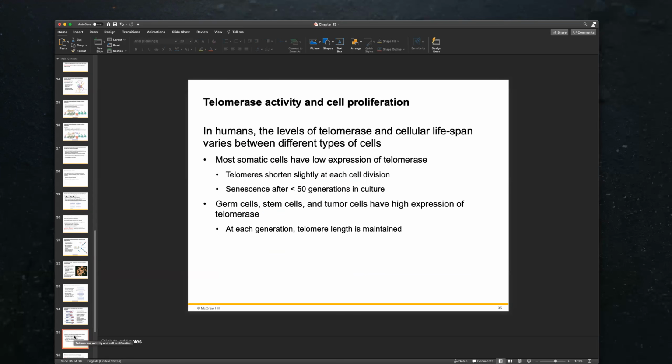Senescence, that's aging essentially, occurs after less than 50 generations in culture. Germ cells, sex cells, stem cells, and tumor cells have high expression of telomerase. So each time it divides, instead of getting shorter, its length is maintained.